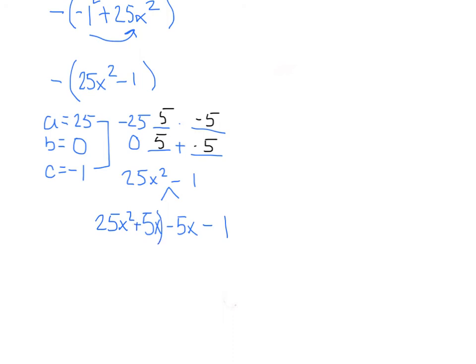Group. And then take out a GCF. In the first group, you can take out a 5 and an x, leaving me with 5x plus 1. The second one, I can take out a -1, leaving me with 5x plus 1.